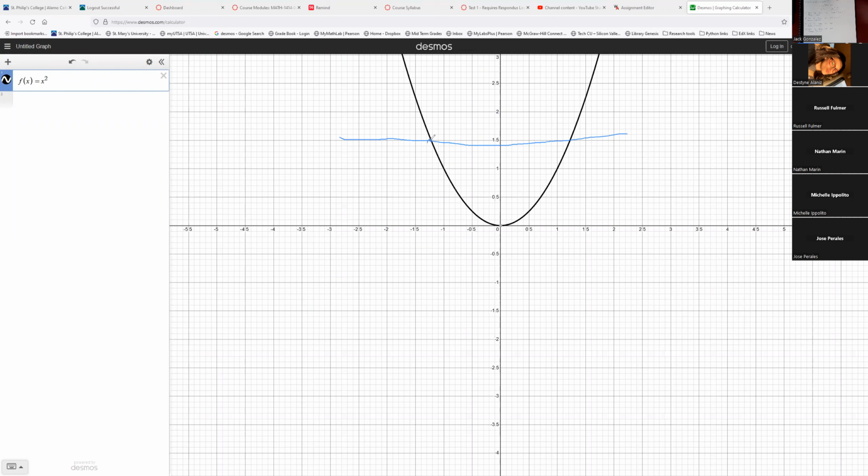So these two x values have the same output. So right here, let's look at the easy value. 1 and -1 both go to 1. So if you see a y value have two different x's, or you see the y value repeat, then it's not 1 to 1. Okay.